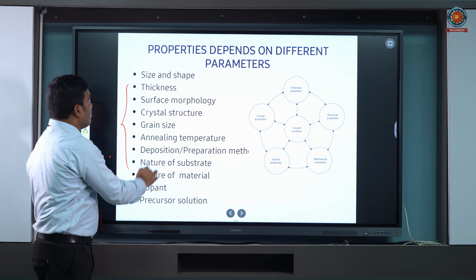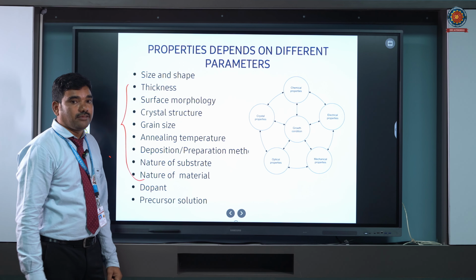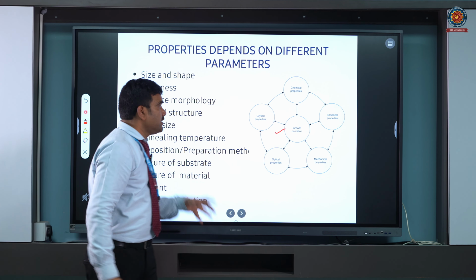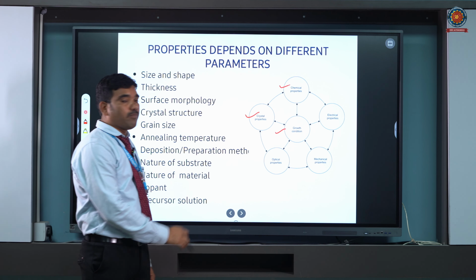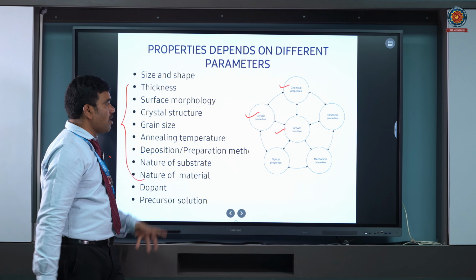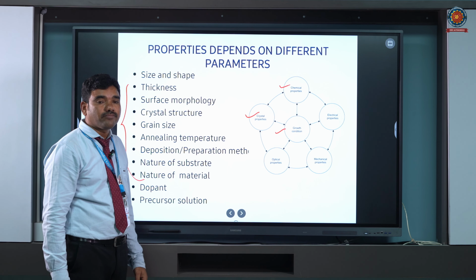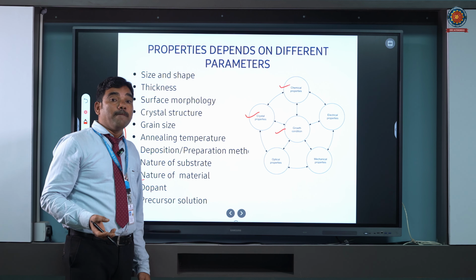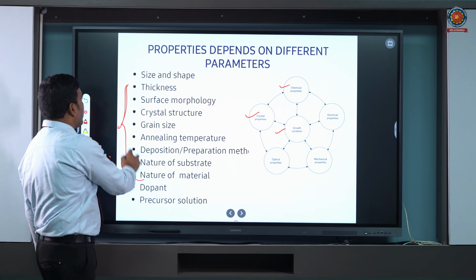Here, in these growth conditions, the crystal properties, chemical properties, electrical properties, mechanical properties, and optical properties depend on the growth conditions. Material properties and material applications depend on these parameters.